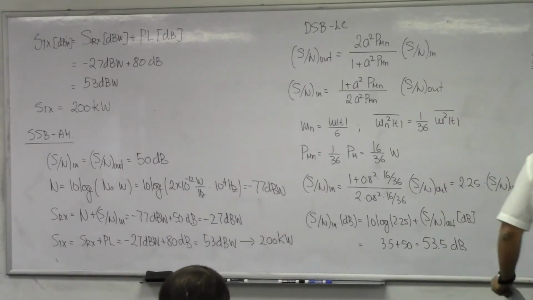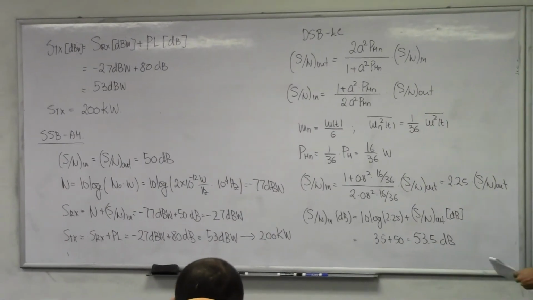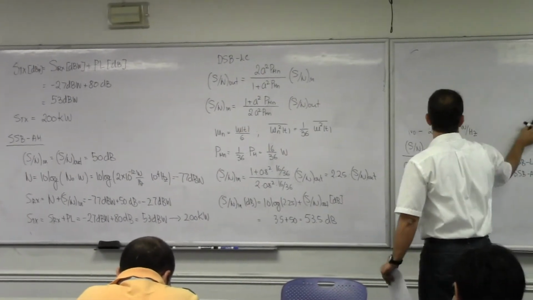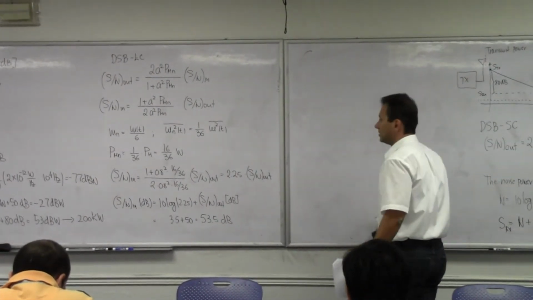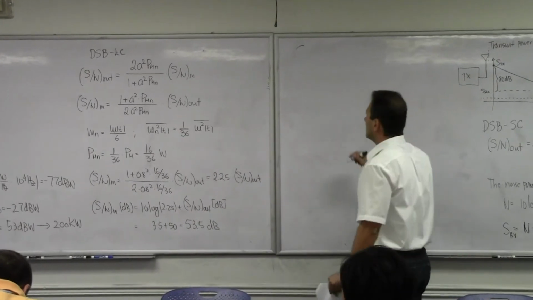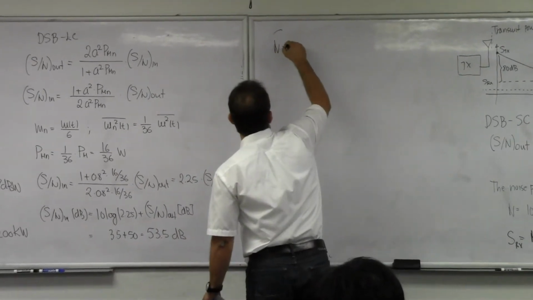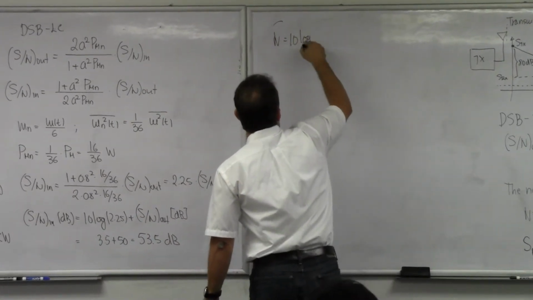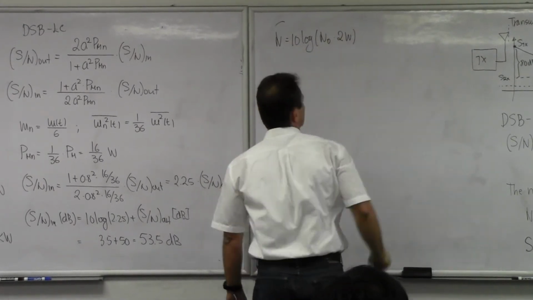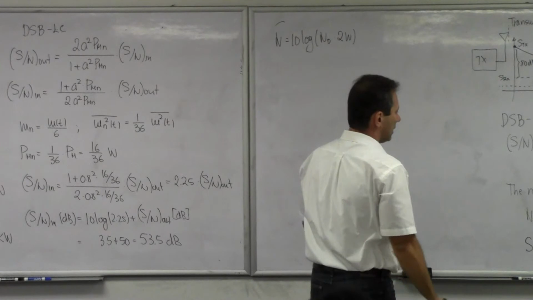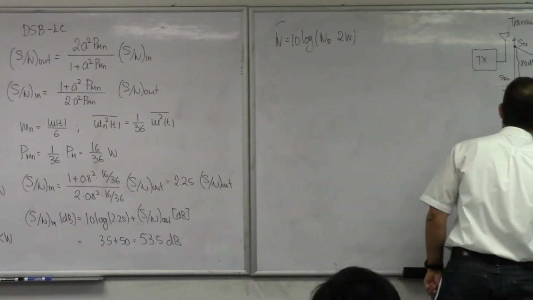Now I'm just going to use this section to complete these calculations. Now that we have what the signal to noise ratio of the input needs to be, we can easily calculate the noise. Noise is going to be 10 log of the power spectral density of the noise times 2W, because this is still double sideband, and it's essentially the same as this noise here.